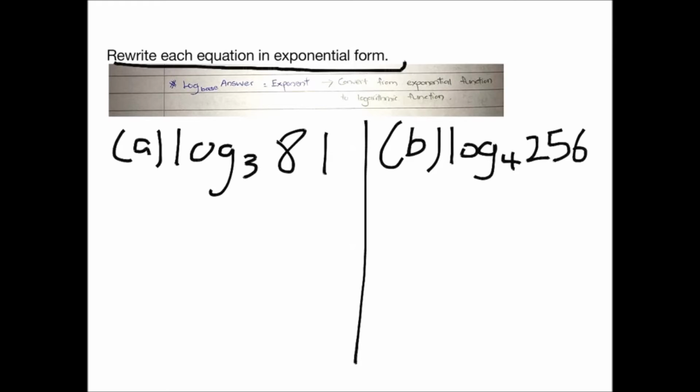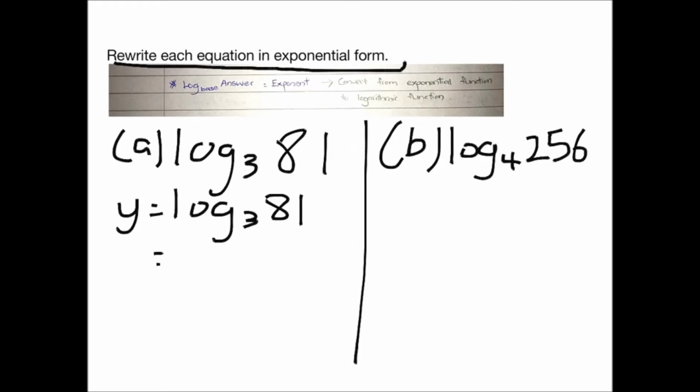So let's start from question A. First you write down, following the question, y equals log 3 of 81. Sorry, I think I have to write it smaller. The base is 3, and the answer is 81.